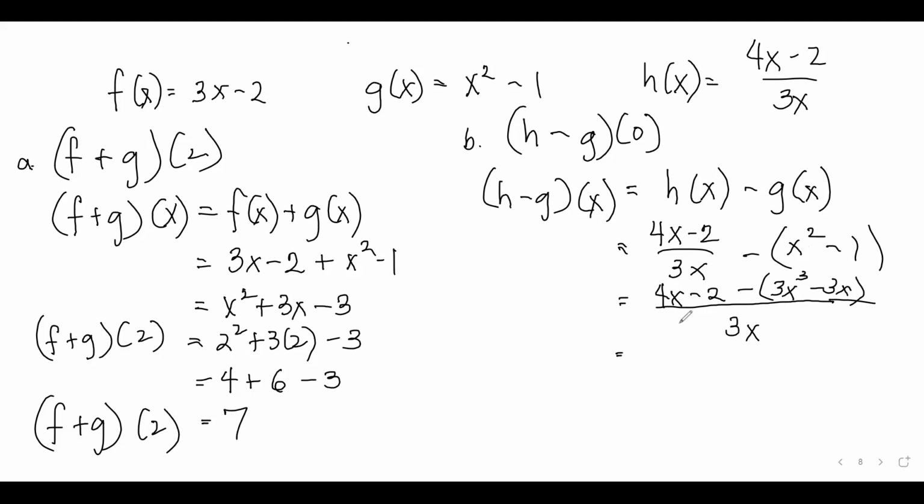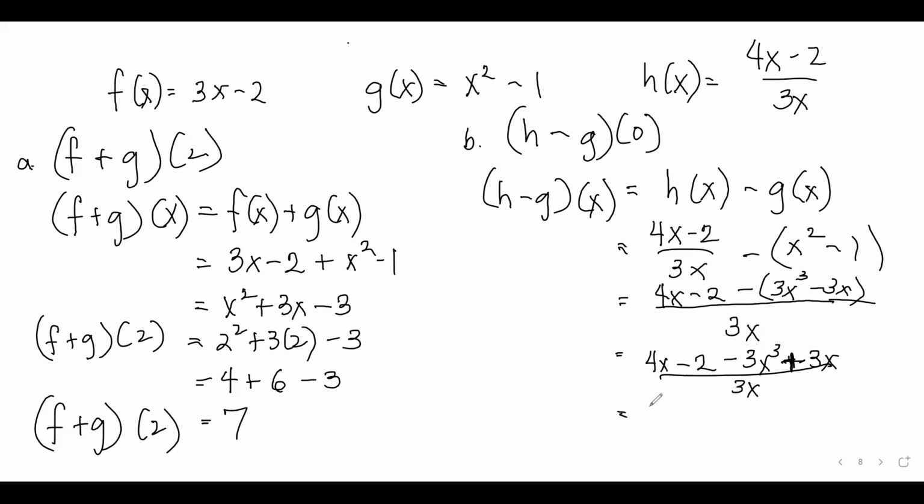So, solve ulit. Simplify. So, we have 4x minus 2 minus, distribute a negative sign, 3x cubed minus, plus na, plus 3x over 3x. Ayan. So, ito na siya.